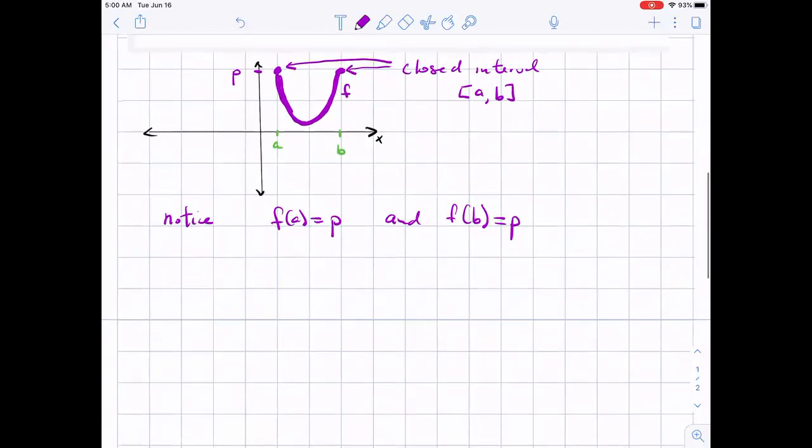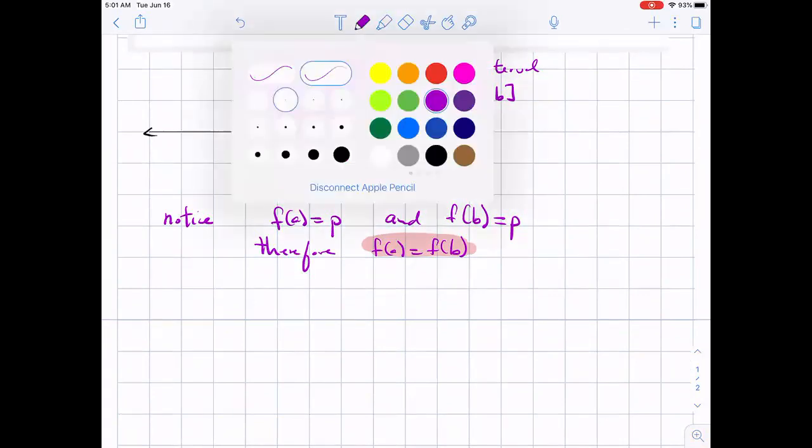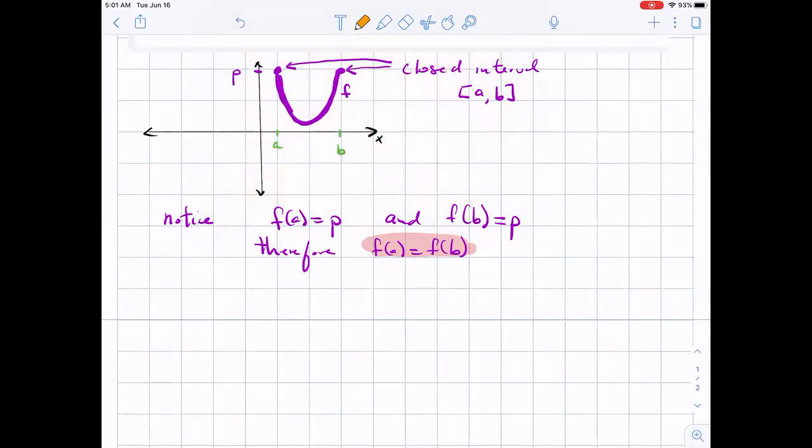Therefore f(a) is equal to f(b) in this scenario. And if this ever happens, then there is some c value in the open interval such that f prime of c is equal to 0.